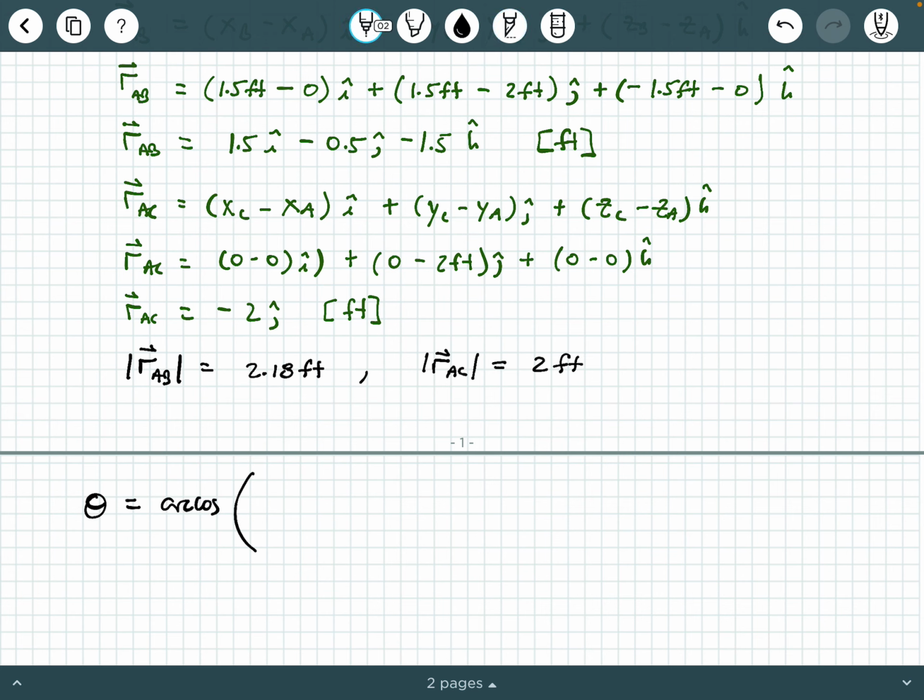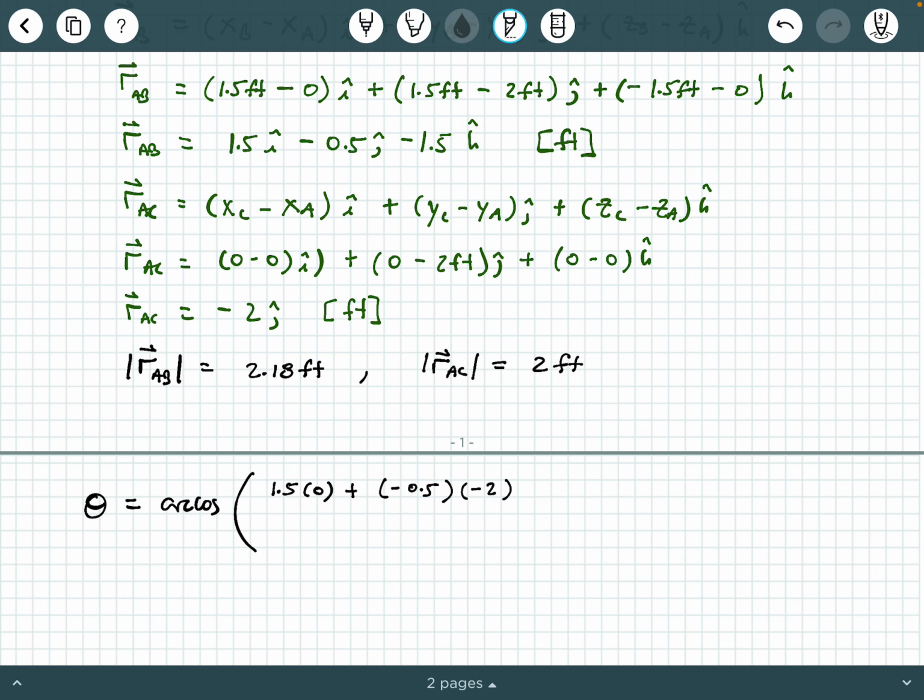So what is the product of the x components? That's 1.5 times 0, right? Because R_AC only has a j component. So here I can say 1.5 times 0 plus negative 0.5 times negative 2, and then plus negative 1.5 times 0.